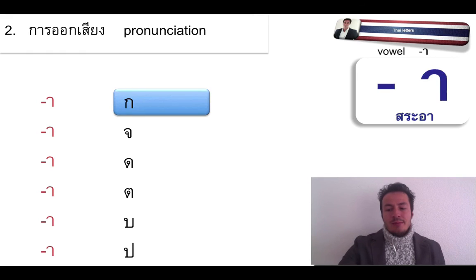And if we combine this with the long vowel, which basically means to replace the stress mark or the placeholder mark with the ga gai letter, we end up with the syllable ga. And now I would like you to speak after me. Ga.